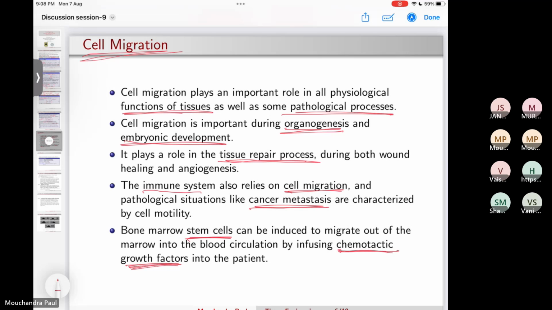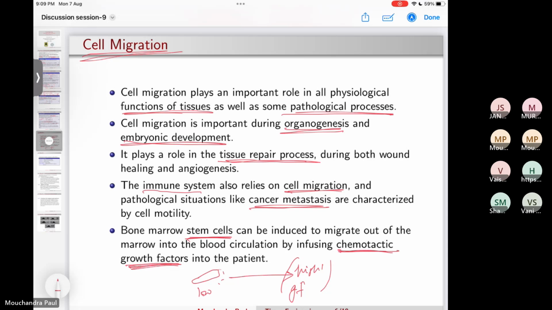Because cell migration always happens towards the high concentration of growth factor. If this is the cell, and a few molecules of growth factor have arrived and got attached to some cell membrane receptors, here the concentration of the growth factor is low, and the cell will try to move to the point where the growth factor concentration is very high.